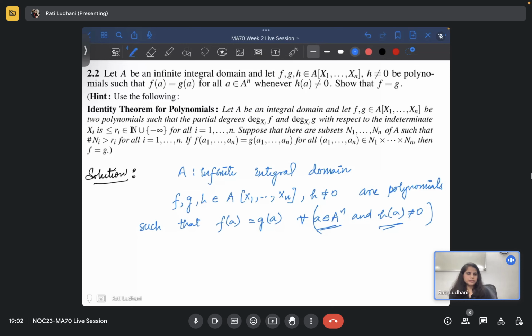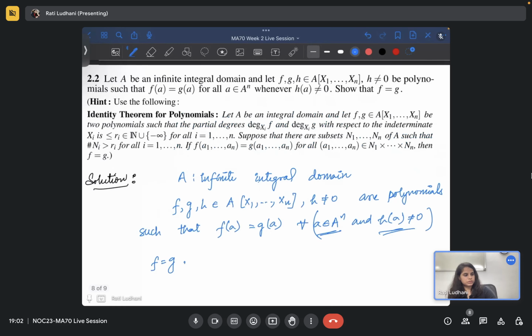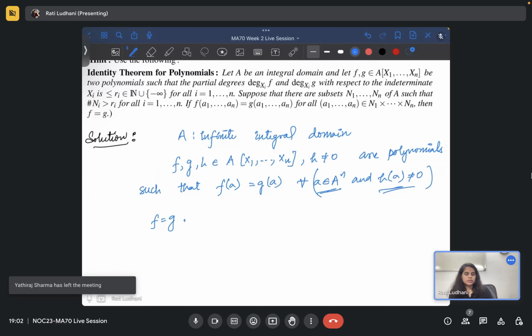So all those points where h is not equal to 0, then you have to prove that f is equal to g. So this is a very strong statement.